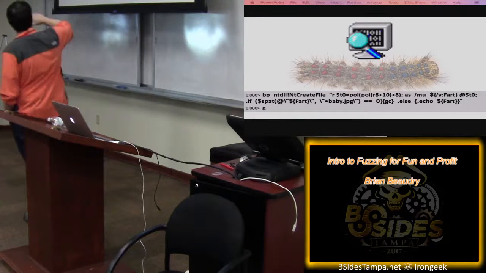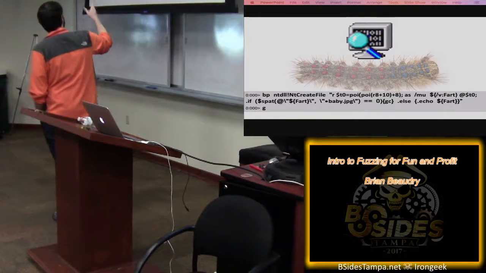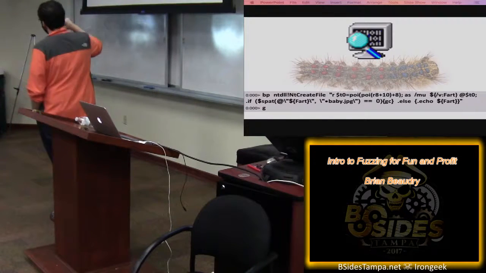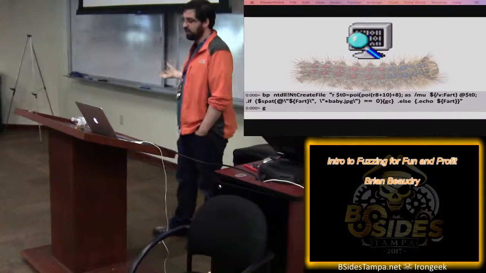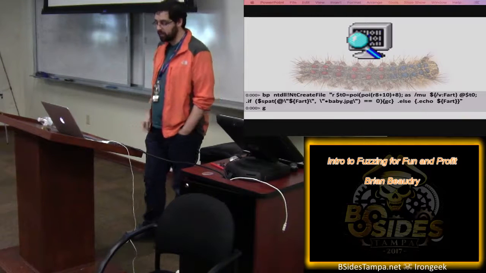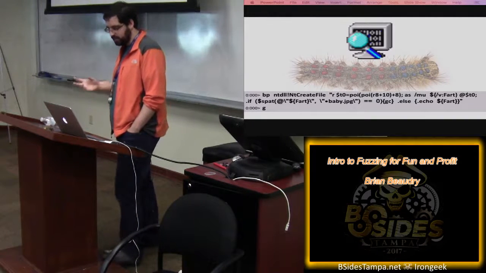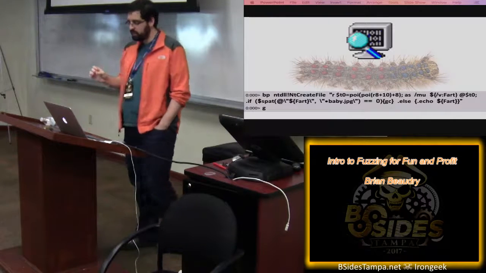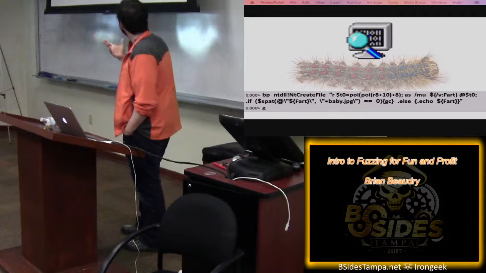So what I'm doing here is setting a breakpoint on NtCreateFile, dereferencing a couple of pointers on the stack, or actually in registers because it's 64-bit, to see what file name is being passed to NtCreateFile. It looks at that file name and compares it to star baby.jpg to see if that's what we're looking for.